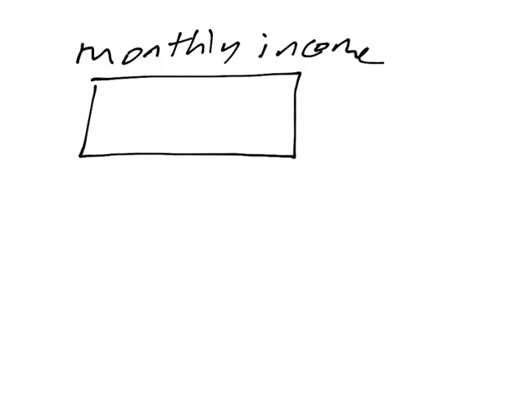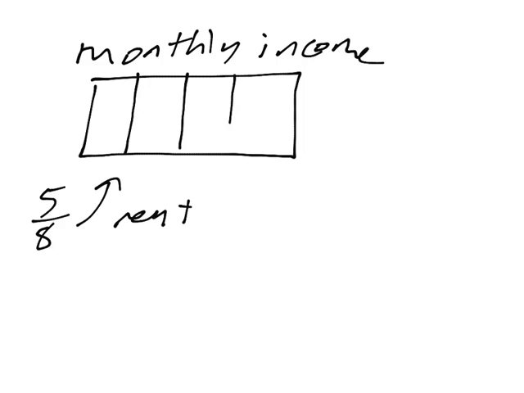I'm literally looking for her monthly income. And so when it says she spends 5/8 of that on rent, to represent 5/8 of that monthly income, I'm just going to break up that whole rectangle into 8 pieces and then shade 5 of them.